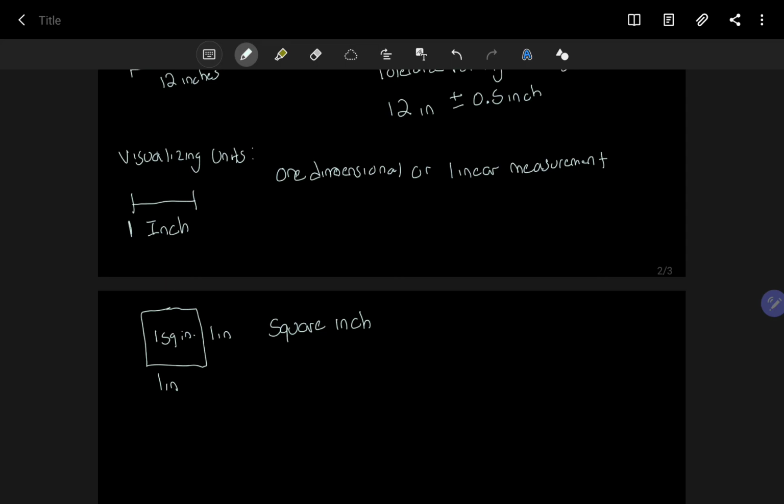And at this point, what we're looking at is a two-dimensional measurement. So today's activity for SolidWorks, the thing that you're going to be designing today, is an actual two-dimensional shape. So that's what you're going to be creating. The way to write this is, if I'm looking at inches, I'm looking at inch square. So I put a little square on top of it, and that's what's telling me that I'm looking at a two-dimensional measurement.